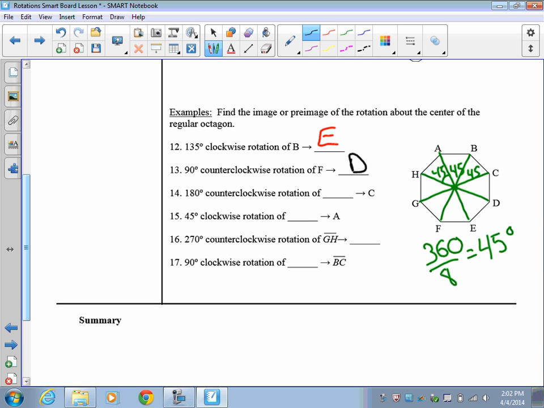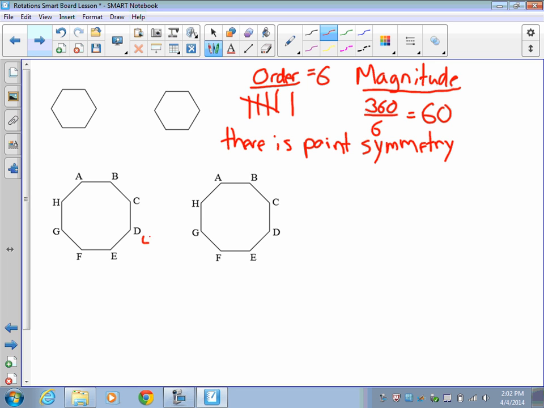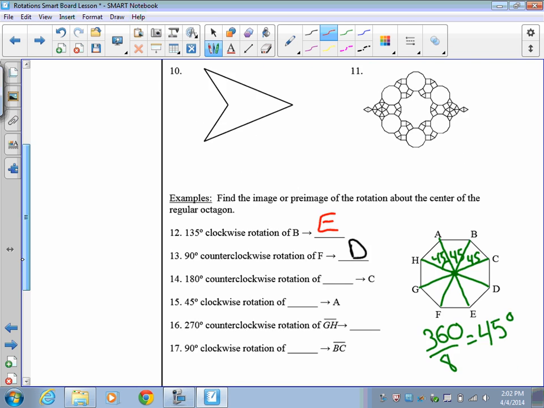Now for 14 and 15, I'm looking for the pre-image. So that means I would go the opposite direction. So when it says counterclockwise, I'm really going 180 degrees clockwise from C. So if I go clockwise, this would be 45, 90, 135, 180. So G would be the correct answer there.